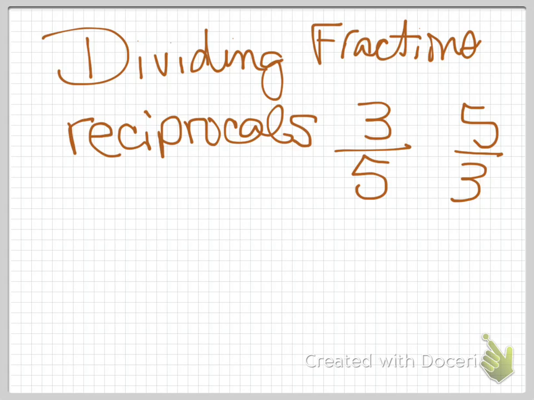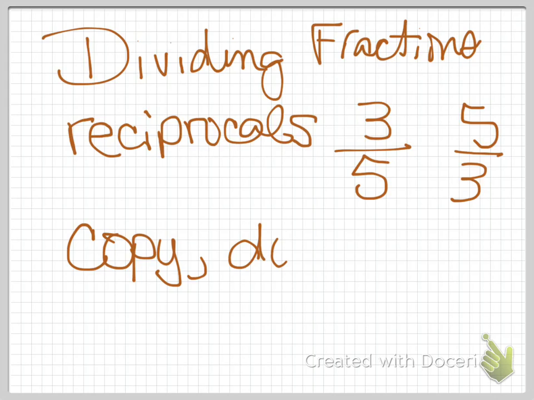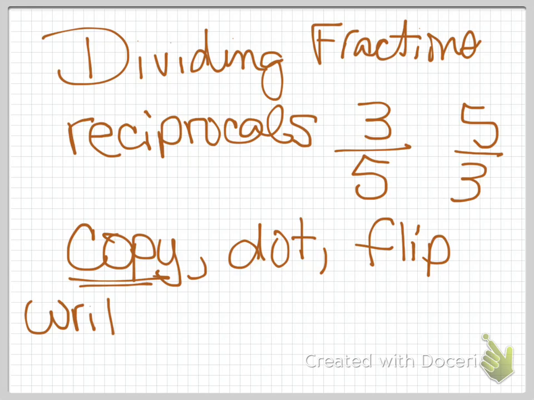Okay? So dividing fractions uses these reciprocals. And I want you to remember those three words that we wrote in class today. Copy, dot, and flip. In order to divide fractions, you're going to copy, dot, flip, where copy means to write the first fraction just like it's written.